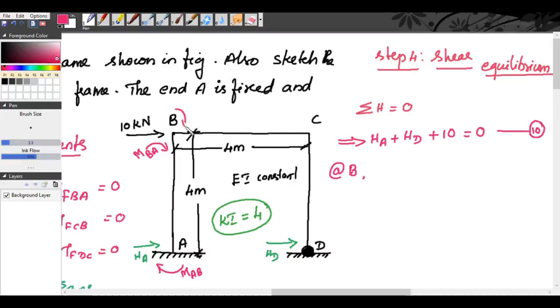Here we have MBC. We are assuming every moment as clockwise, okay? So, MCB, MCD and MDC.